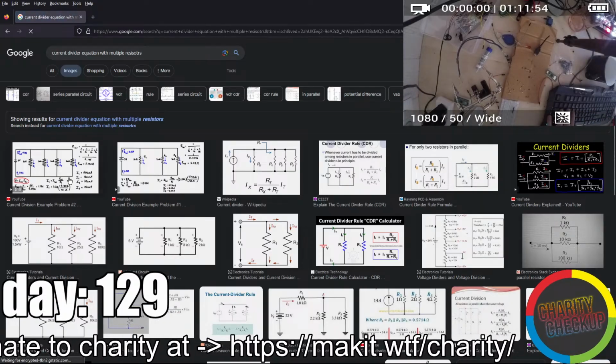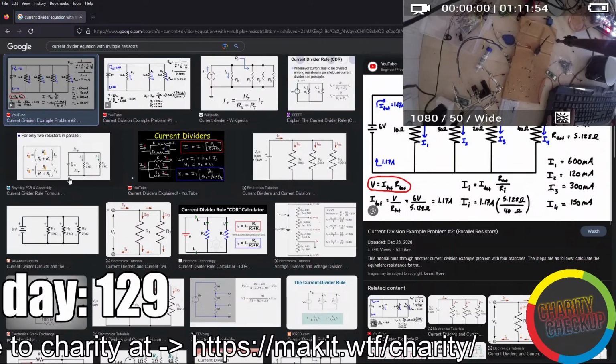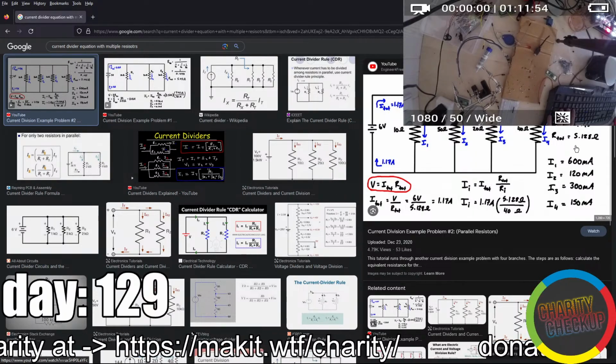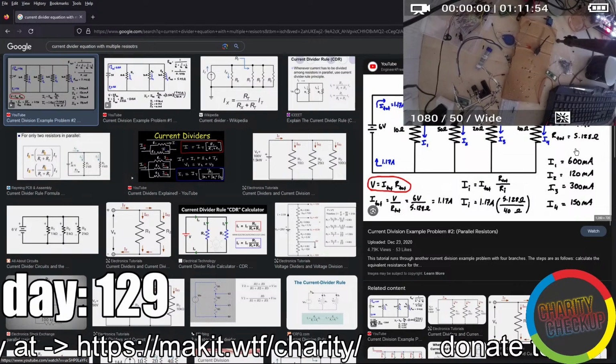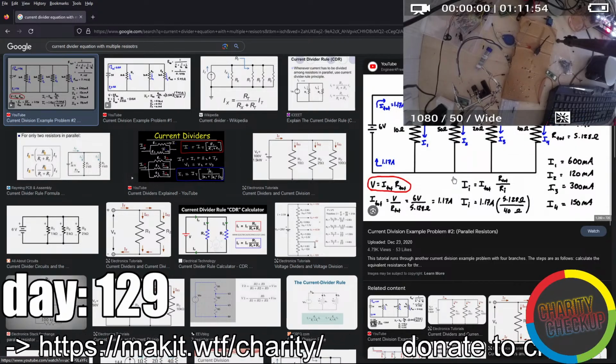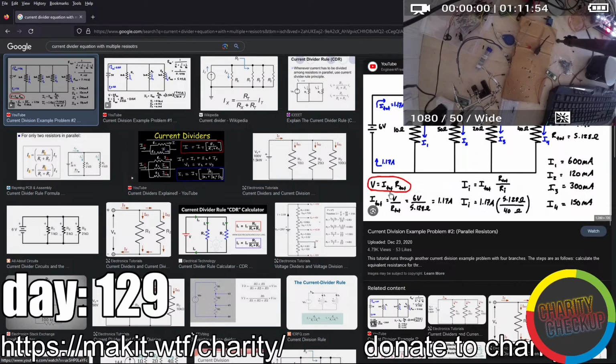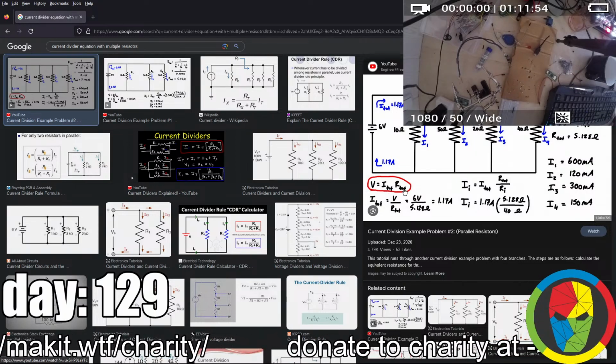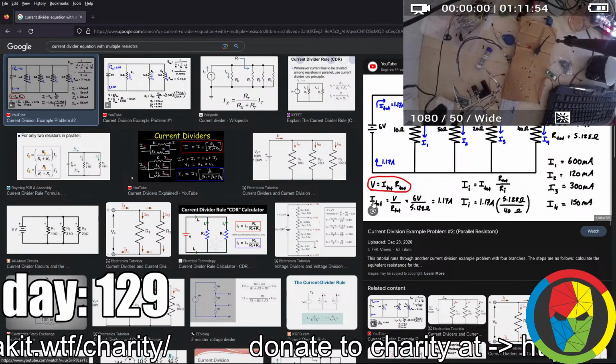Oh, there's this. Yes. So we just get the total resistance of this. Then voltage equal to I total times this total resistance.